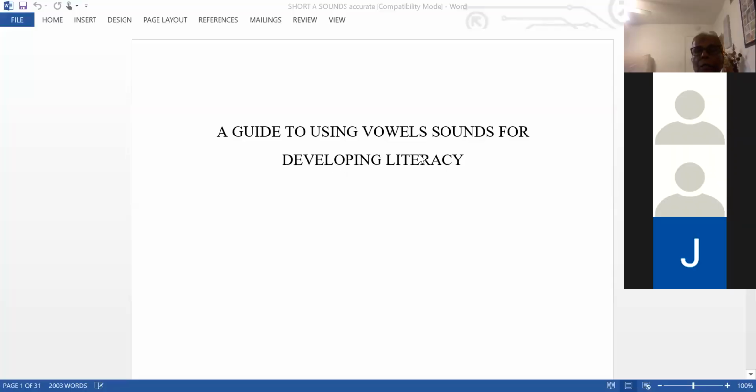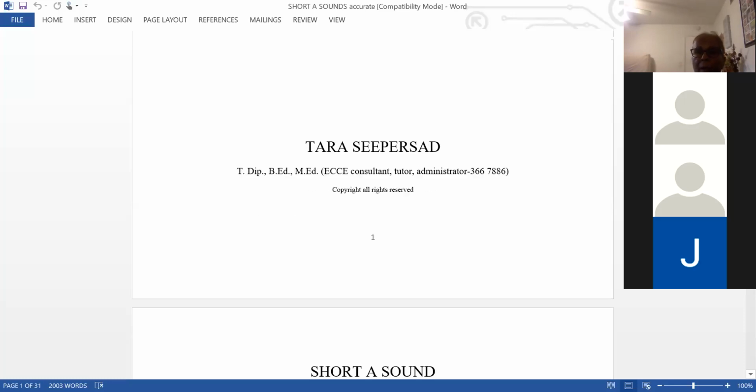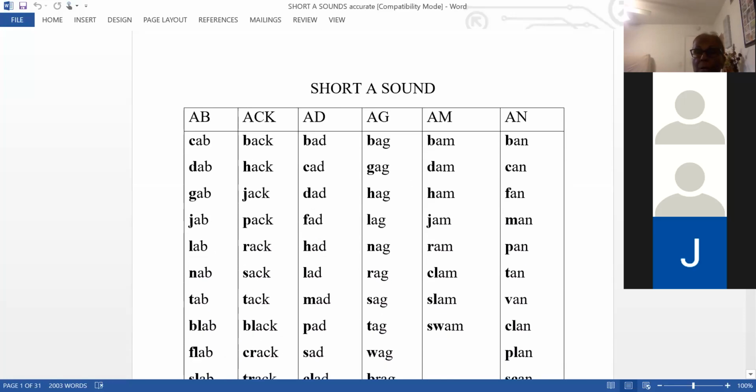A guide to using vowel sounds for developing literacy. And this goes hand in hand with the reading books. So we have the short vowel sounds, and you notice it's two vowels coming together here.